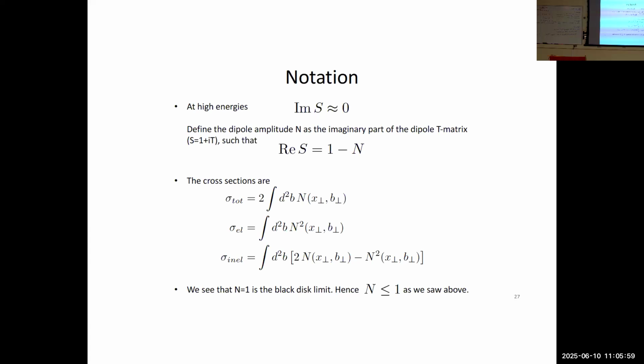The S matrix, as opposed to the T matrix, includes the one, right? The S matrix is 1 plus iT, so it includes the non-interaction term. And the S matrix is equal to 1 minus n. So at the leading order, we have the non-interaction term minus the two-gluon exchange piece. And so at the linear order, we have one iteration of negative n. So the minus sign is because of the sign difference between the S matrix and this amplitude n.